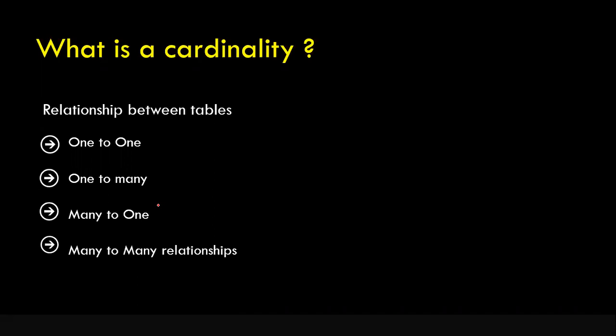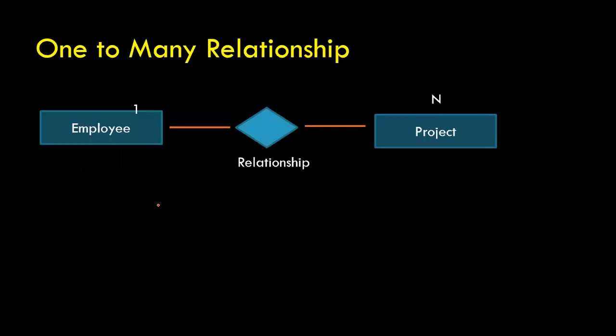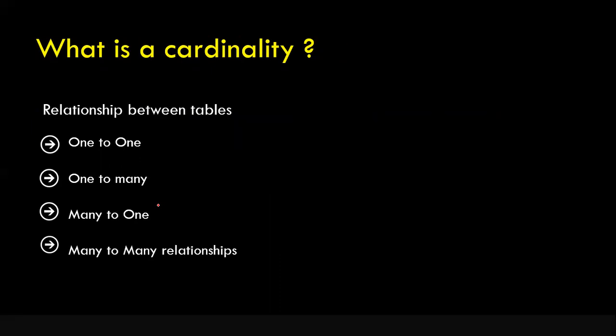There are four types of relationships in data modeling: one to one, one to many, many to one, and many to many. So what is a one to one relationship? Why don't you give me an example? It's something like an Aadhaar number or a passport number.